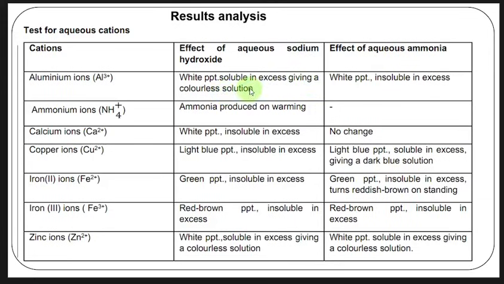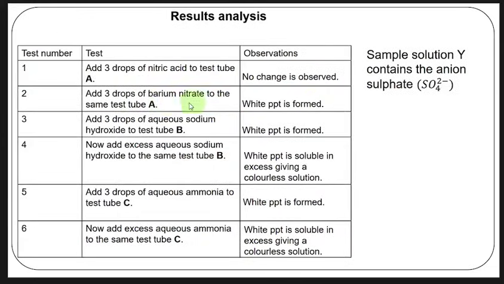So when you add excess to the same one where we have seen a white precipitate, that white precipitate will be soluble in excess, giving a colorless solution. Even here, when we added, in the next step, excess aqueous sodium hydroxide to the same test tube B.